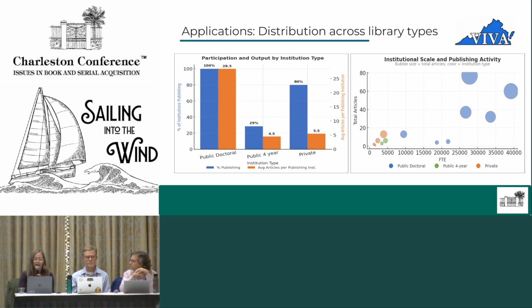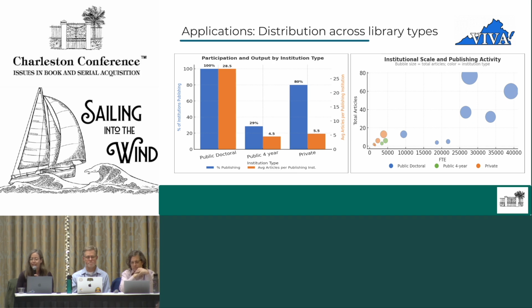So they can't be left out of a publishing deal, even if they aren't likely to have a large publishing population. If you look at the chart on the left, the blue bars show the percentage of institutions publishing within each of our school types, like doctoral, public comprehensive, and private. And so for this agreement, I can see that all 8 of our, unsurprisingly, public doctoral universities have published, so 100% participation from our research-intensive institutions.